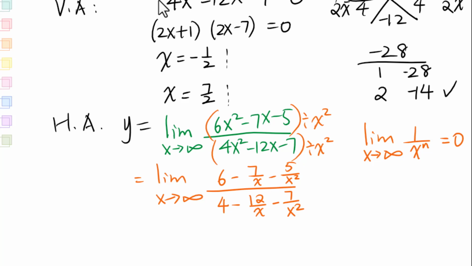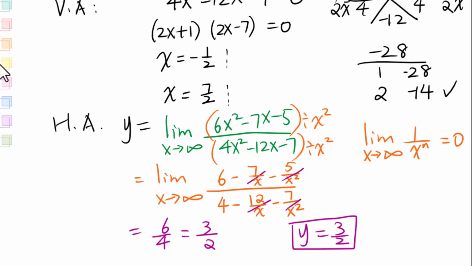When x approaches infinity, these are 0, 0, 0, 0. So the final answer is 6 over 4. That is 3 over 2, which means y equals 3 over 2 is the horizontal asymptote line.